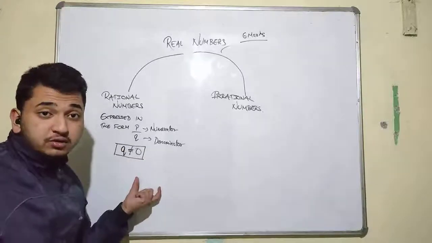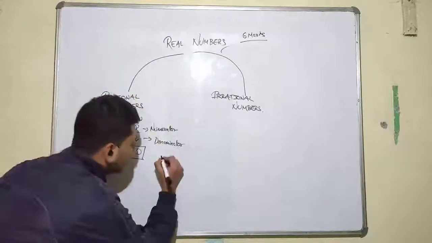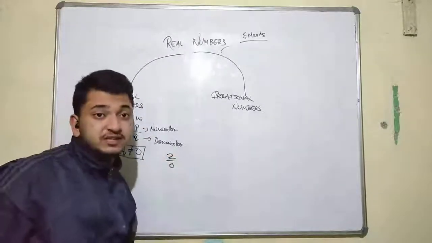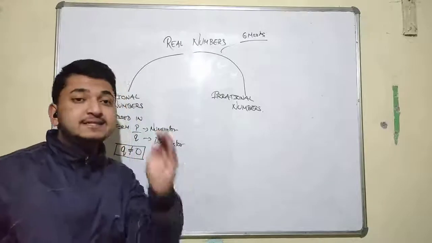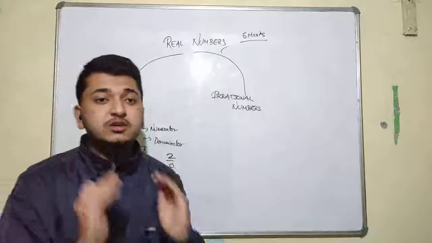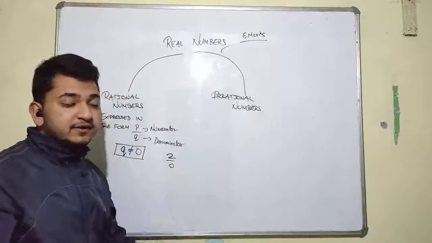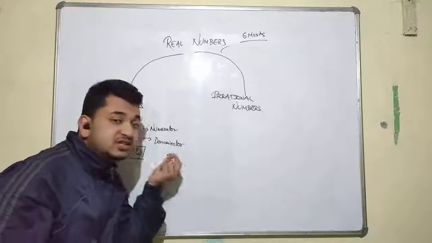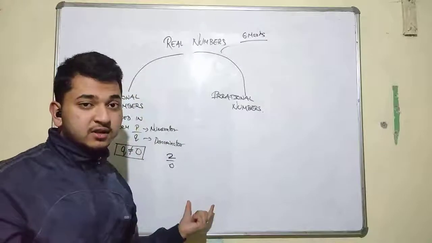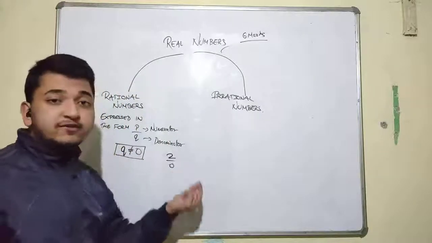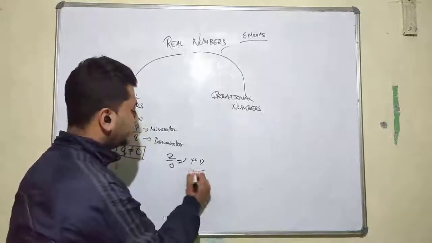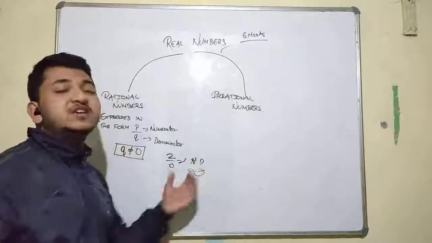If Q becomes 0, like you have a number like 2 by 0, you are dividing 2 by 0. You can't divide it. Okay, because maths doesn't support this one. If you come upon 2 upon 0, maths has nothing to do with this question, because maths won't give you the answer for this one. This will straight away be not defined or it will be termed as infinity.